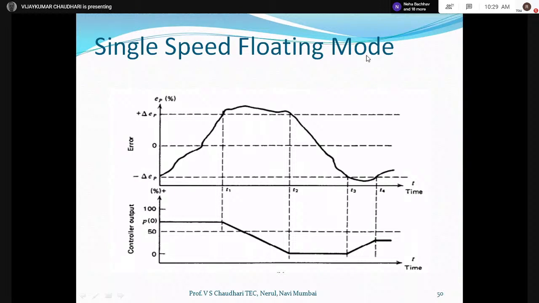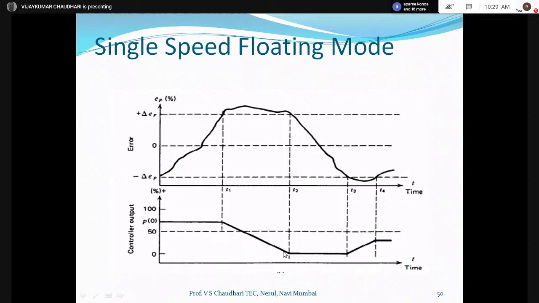Here is the time where the error exceeds our neutral zone. As it exceeds more than plus delta E_p, the controller output then decreases at a rate decided by K. This corresponds to minus K.